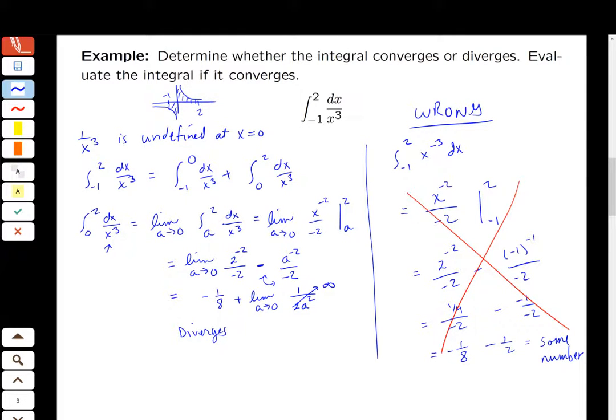As soon as you get one of these integrals diverging, you can't add them together to cancel your infinities. It just doesn't work that way. So the integral diverges, and you don't have to do the other one. Now, you will have one of these on the test. Don't make that mistake. If I give you endpoints to plug in on the test, more than likely it's undefined in the middle and your integral is going to diverge.